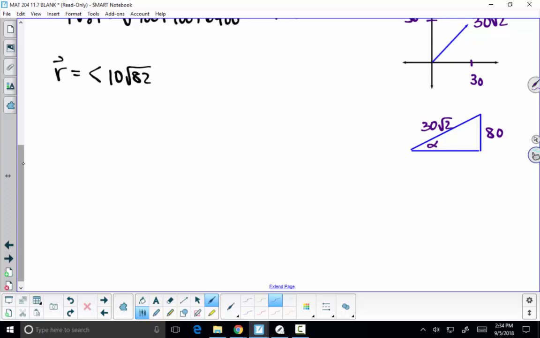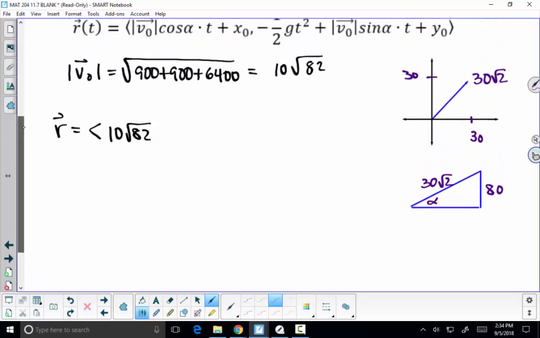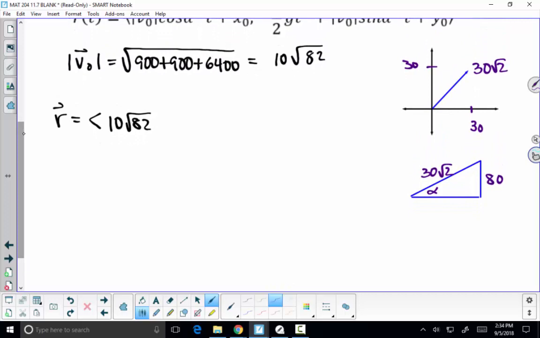And that's alpha. Isn't 30 root 2 the base? Yes, that's the base. And then the hypotenuse would be 10 root 82.